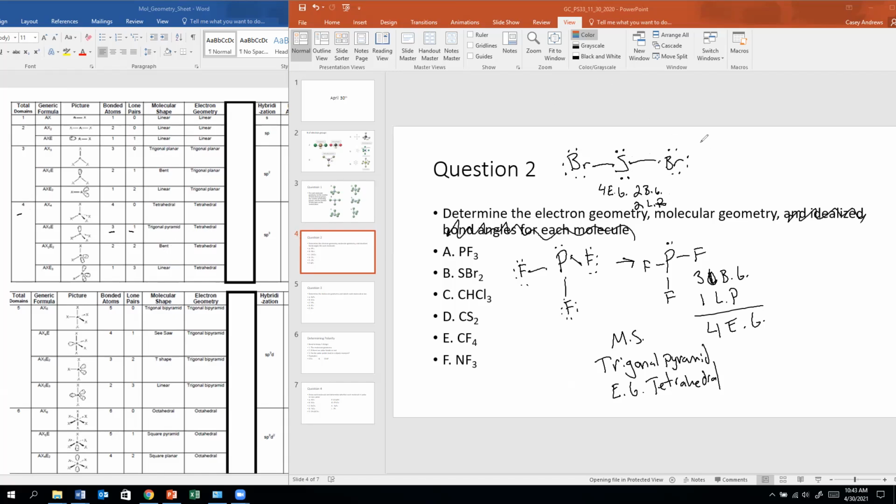So molecular geometry is bent. And the electron geometry would be tetrahedral. So that's B. And I'm going to erase A here, get myself some more space.